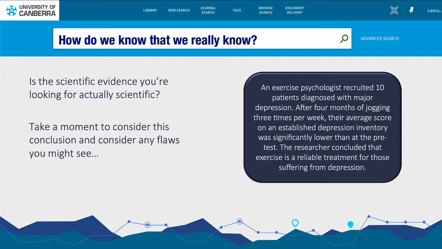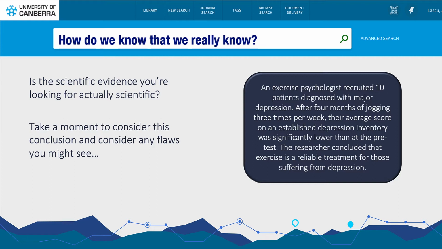More importantly, though, how do we know that we really know? And there's a great example in the book about using scientific evidence. So is the scientific evidence you're looking for actually scientific? And a great way to consider this is looking at the conclusion on the right and considering any flaws that you might see.